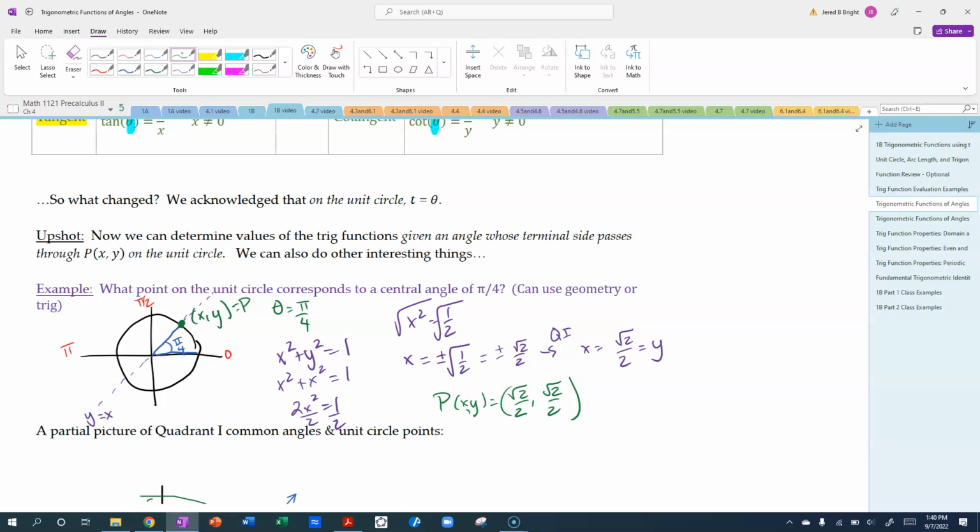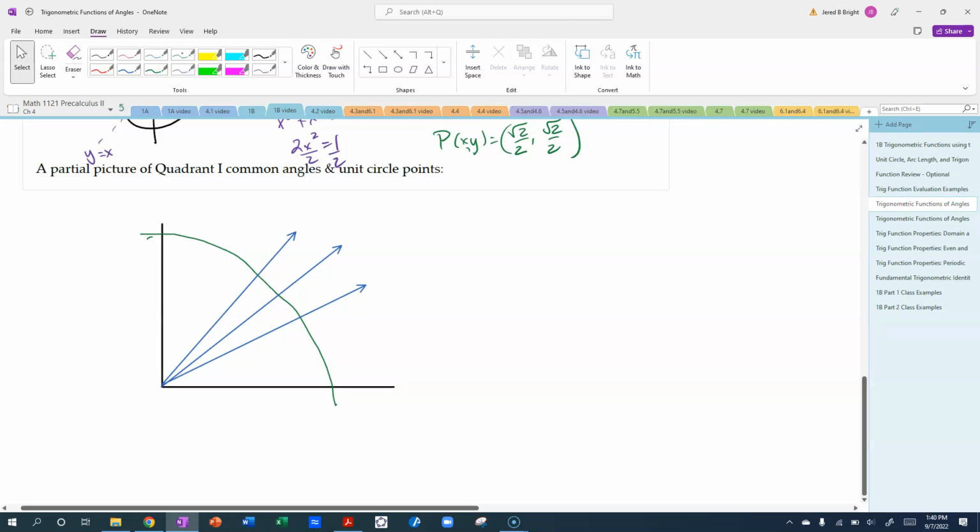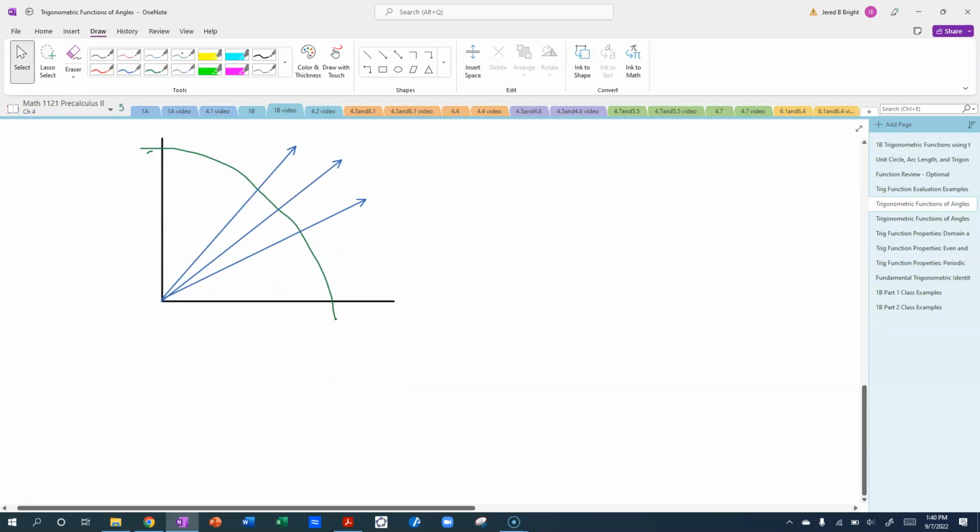Turns out you can do something similar for angles that are multiples of 30 and 60, and with that, you can actually complete the first quadrant. So this angle here is pi over 4, which is 45 degrees.